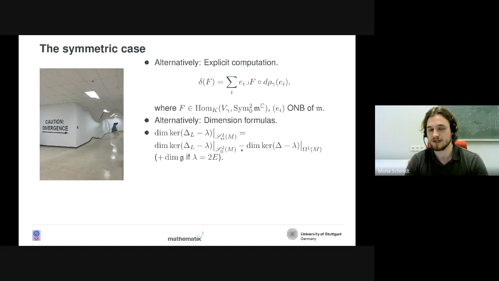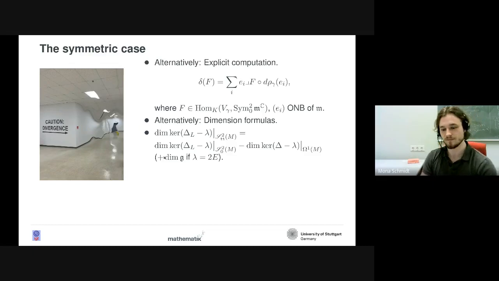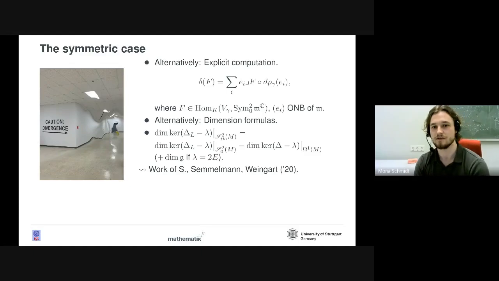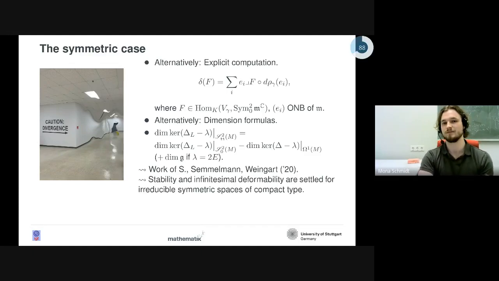So we can get the dimension of these eigenspaces if we just consider the eigenspace on trace-free tensors, the eigenspace to the eigenvalue on one forms, and possibly we have to add the dimension of G. And these two things are what has been used recently by myself, by Professor Semmelmann and Professor Weingart to settle the stability and ID question for irreducible symmetric spaces of compact type.